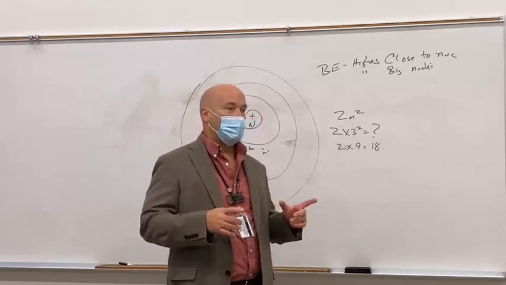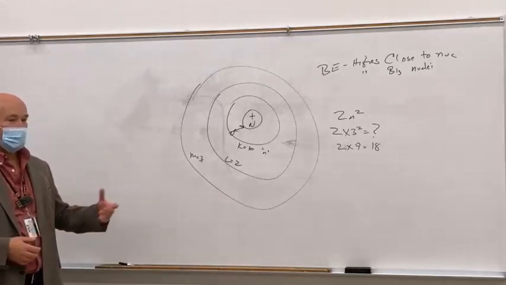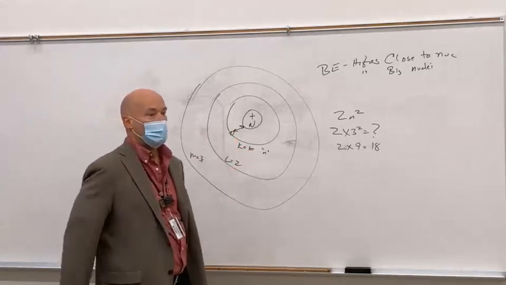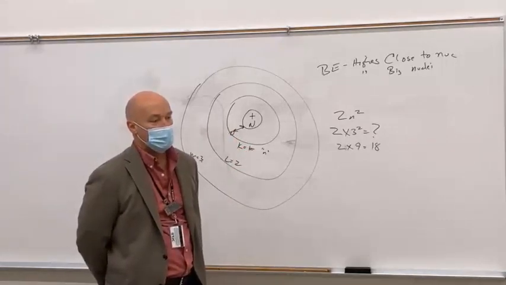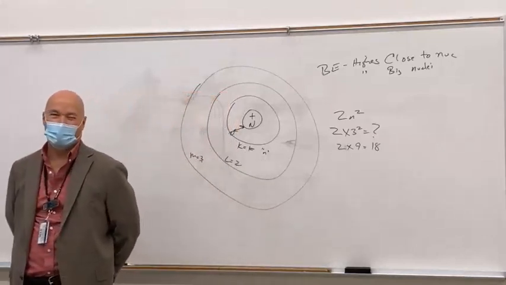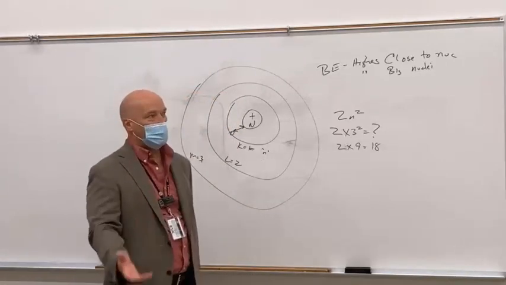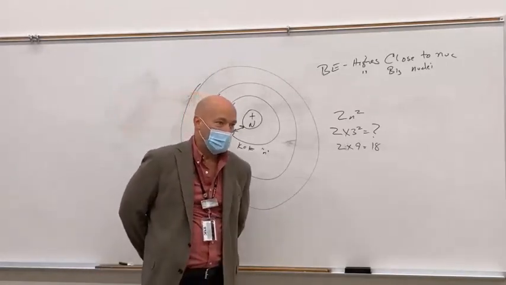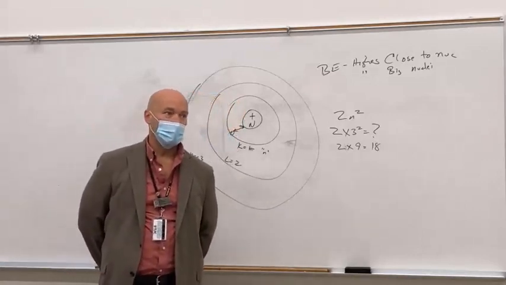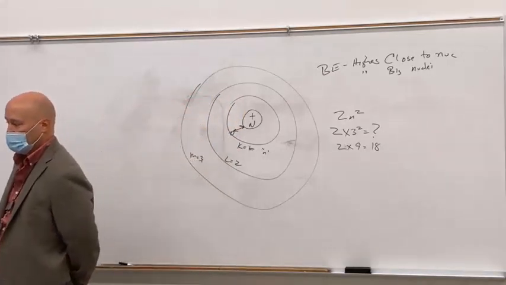Larger nucleus, a higher atomic number, and also the position in the shells: the closer it is to the nucleus, the more it increases the binding energy. That wasn't asking specifically about carbon versus lead versus uranium. It's just size of the nucleus, bigger nucleus, as determined primarily by atomic number.